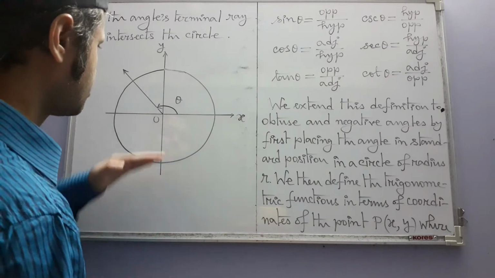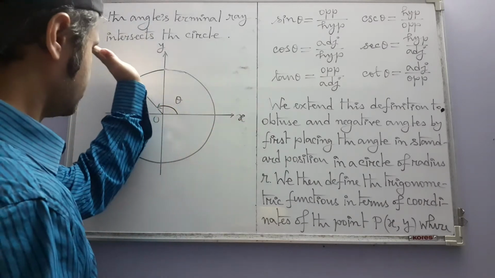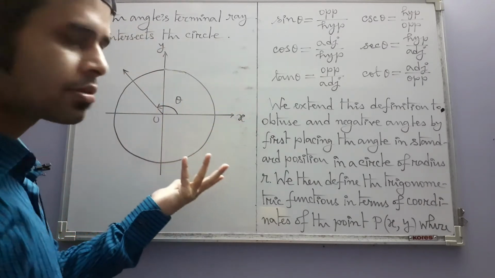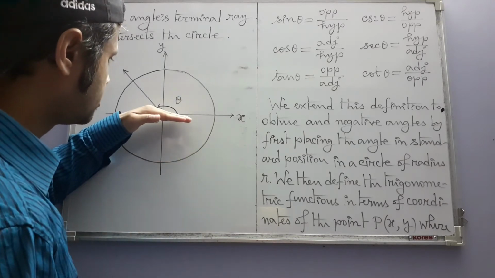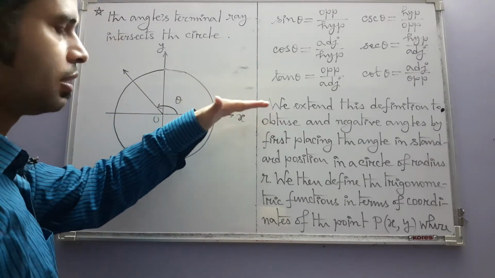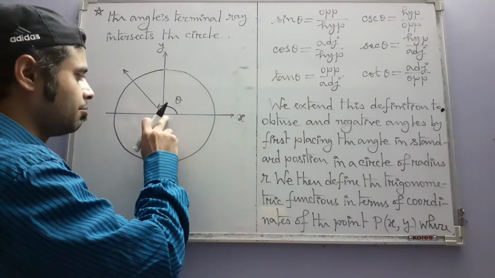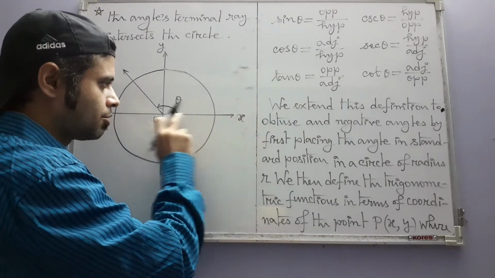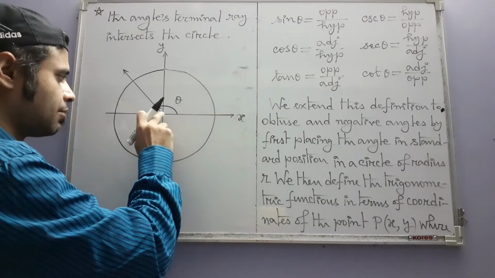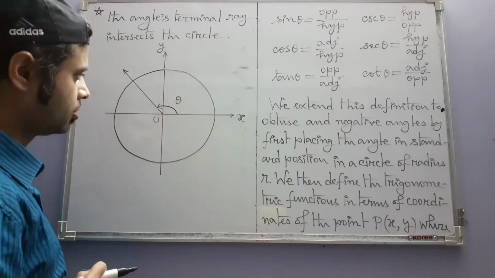Now it is in standard position because its fixed ray or initial ray matches with the positive x-axis and the vertex of the angle lies at the origin.